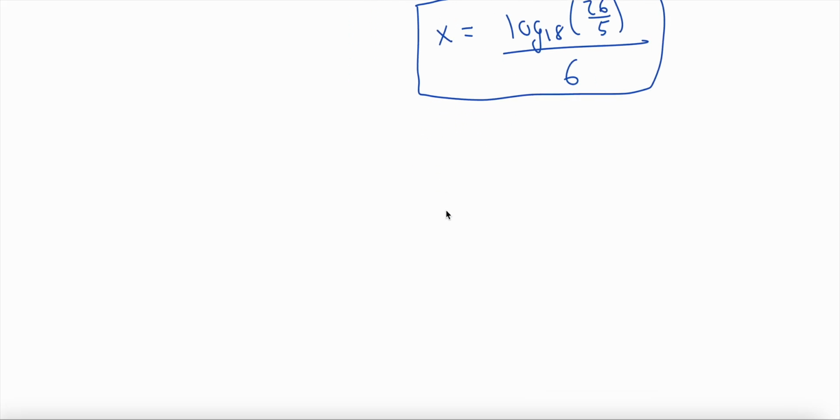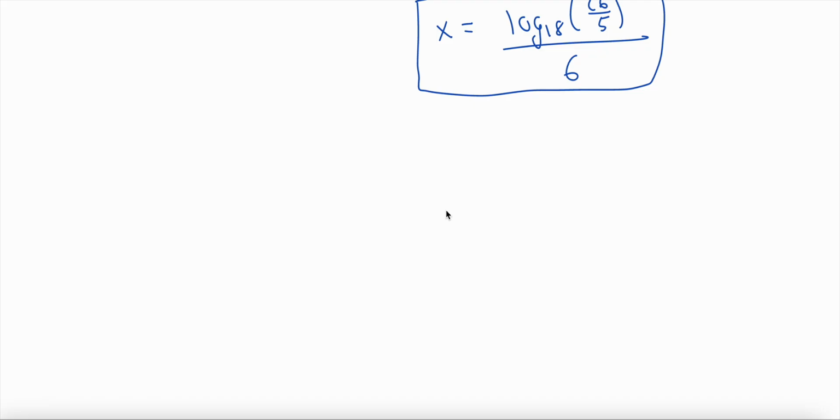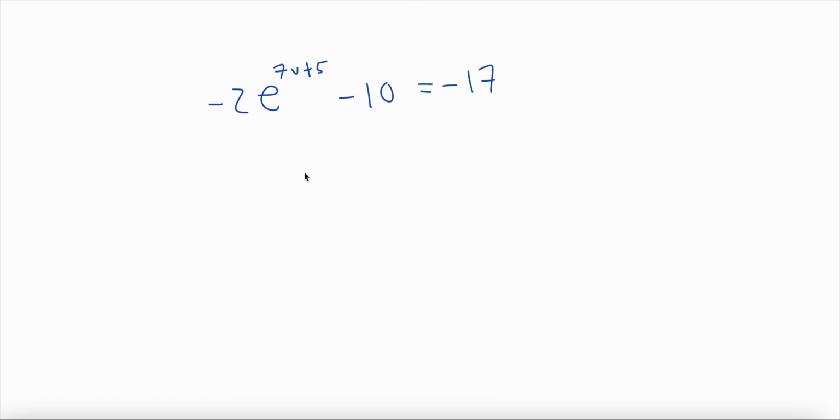And I have one more here. Let's see, this one is going to be negative 2e to the 7v plus 5 minus 10 equals negative 17. For this one, the first thing we're going to want to do is add 10 to both sides. So we're left with negative 2e to the 7v plus 5 equals negative 17 plus 10.